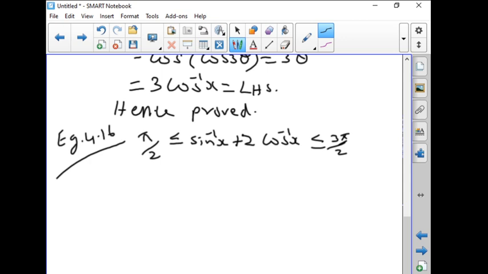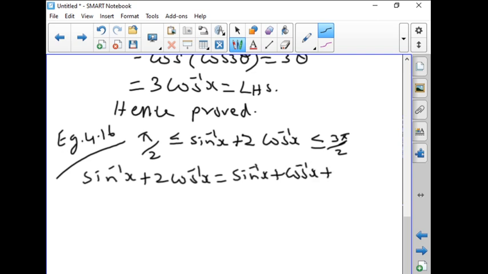Now the left hand side, sine inverse of x plus 2 cos inverse of x, can be written as sine inverse of x plus cos inverse of x plus cos inverse of x. Now we know that sine inverse of x plus cos inverse of x is equal to pi by 2. Therefore it becomes pi by 2 plus cos inverse of x.